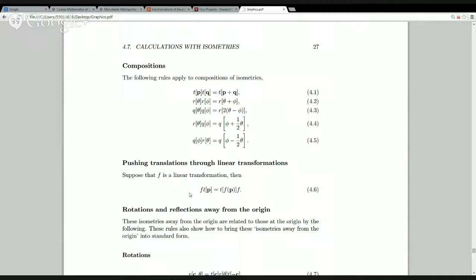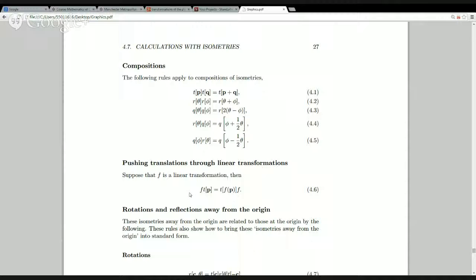And if you do it the other way around, if you perform the rotation first, this is equation 4.5, rotating by the angle theta first, followed by reflection in the line with an angle phi, that's the same as reflecting in the line with angle phi minus a half of theta.